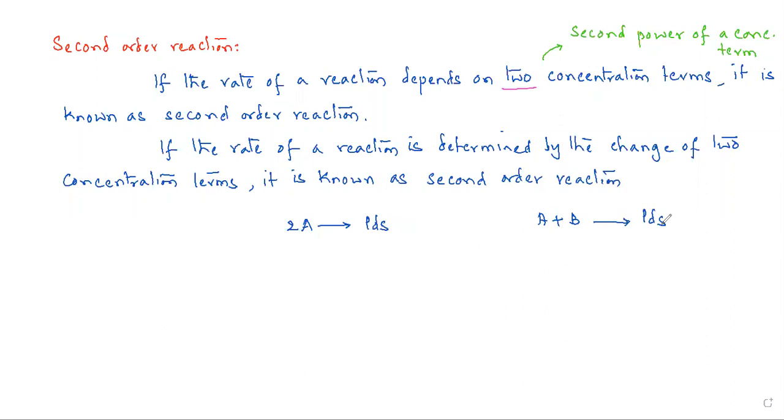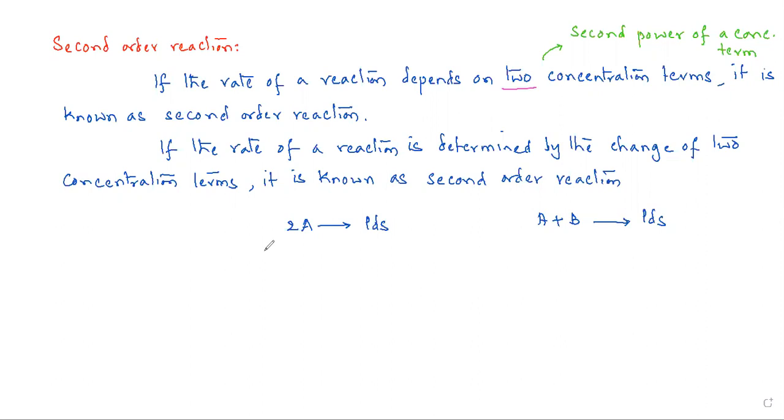You can also say this as A plus B plus C in large excess gives rise to products. Because C is taken in large excess, that will not be affecting the rate. Okay, that way also can be taken.